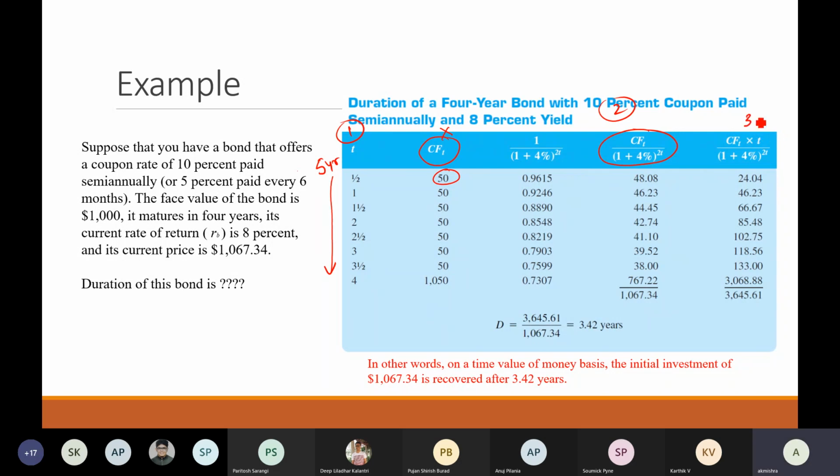So only 3 columns are required if you are doing it in Excel. Even only 2 if you use the SUMPRODUCT function in Excel. If you use this function, only these 2 columns will be sufficient for calculation.